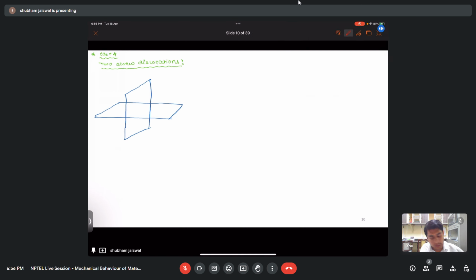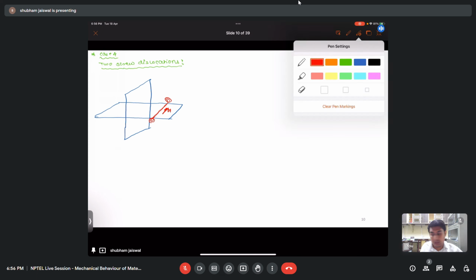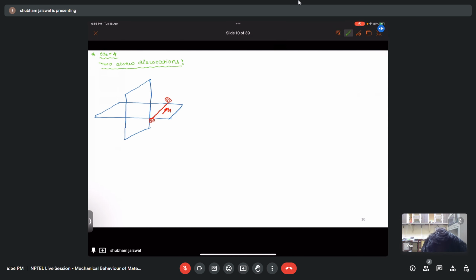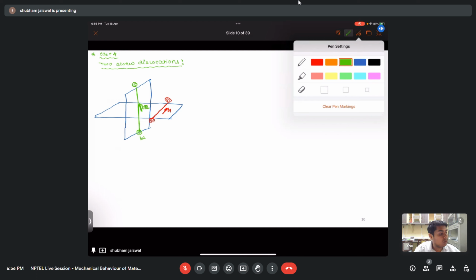So let's say I have one screw dislocation here. This is the direction of Burgers vector B1, and I have the second screw dislocation here. And its direction is here. Let's say this is the Burgers vector 2. So if these two dislocations interact with each other, how will it form the steps, and what will be the nature of those steps, we'll see.